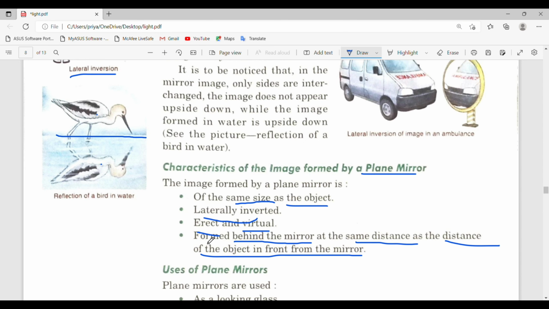It means the image is formed behind the mirror at the same distance as the distance of the object in the front of the mirror. ठीक है, this is the front side and this is behind of the reflecting surface. So the distance is equal.